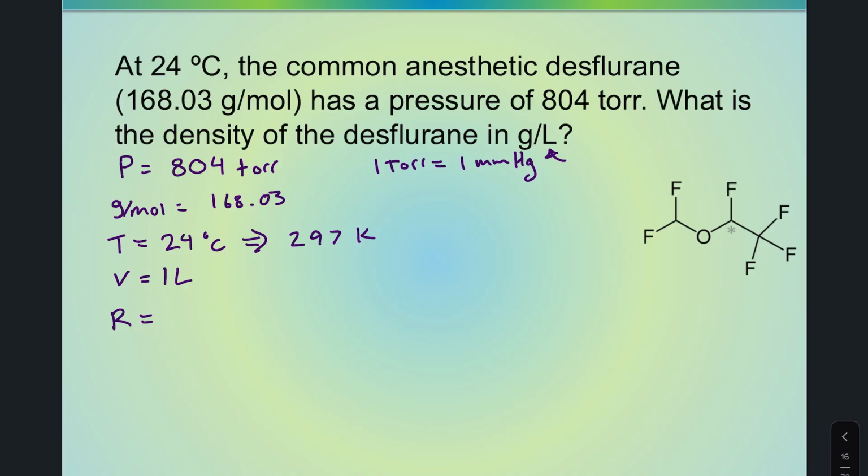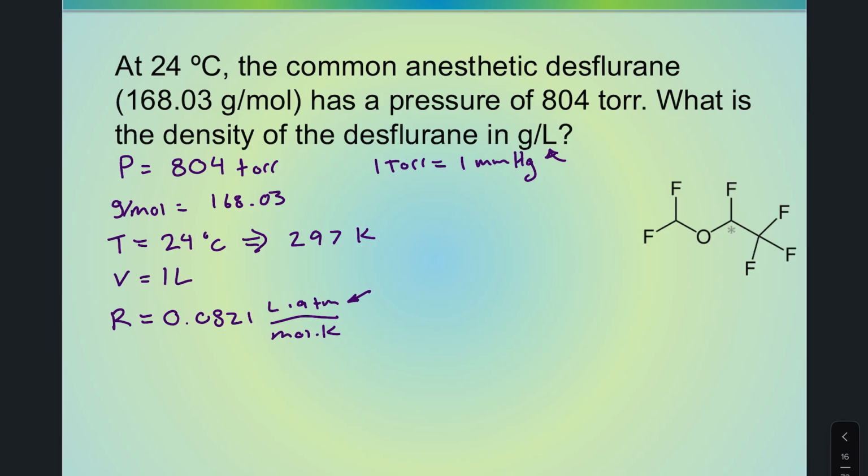That's fine. We can also just take our value and convert it from torr to what we're looking for, which could be the one that maybe we have memorized easiest. So what if we do 0.0821? That's liters times atmospheres per mole Kelvin. And since we have liters and atmospheres, we're going to convert this to atmospheres.